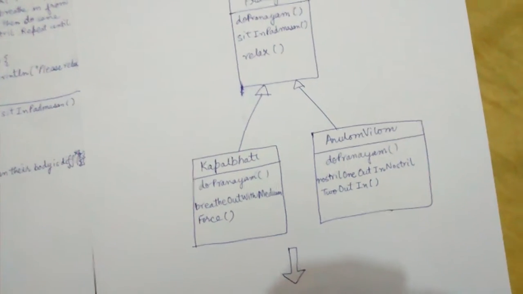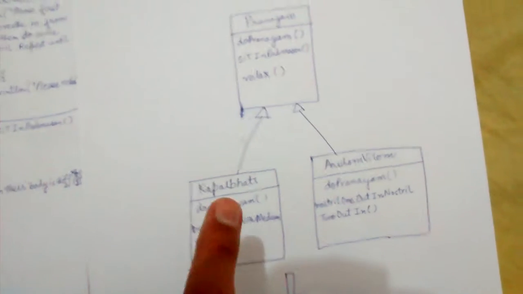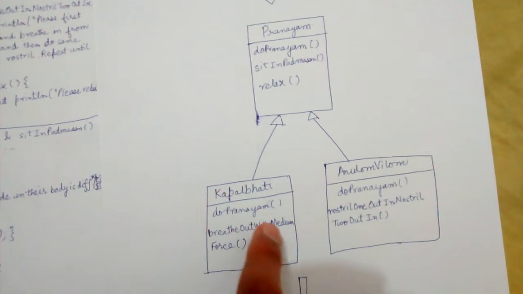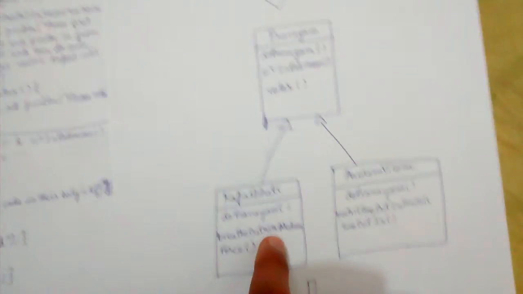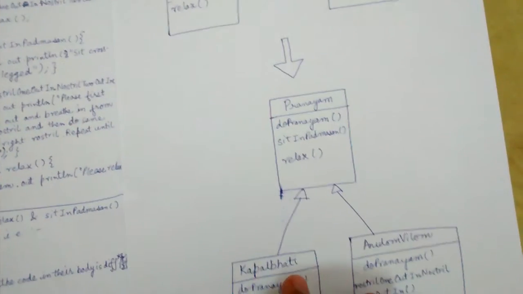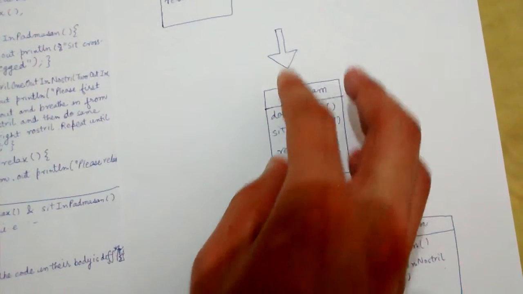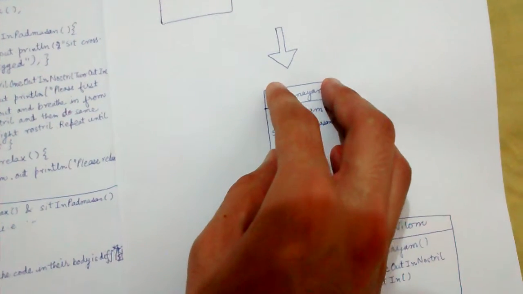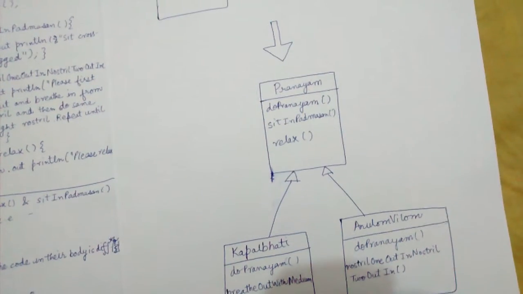So this is the first, most obvious improvement from this above class diagram, that abstract out the common functionality and put it in a parent class.